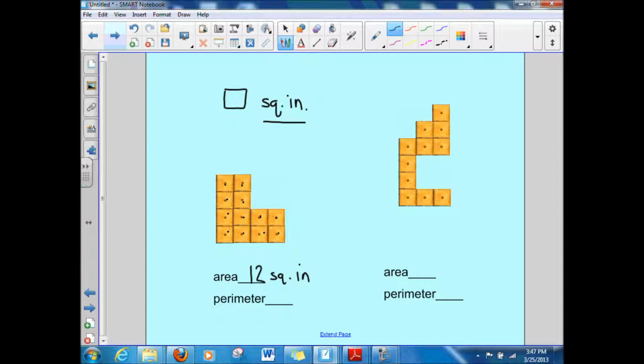And the perimeter, 1, 2, 3, 4, 5, 6, 7, 8, 9, 10, 11, 12, 13, 14, 15, 16 inches is the perimeter.